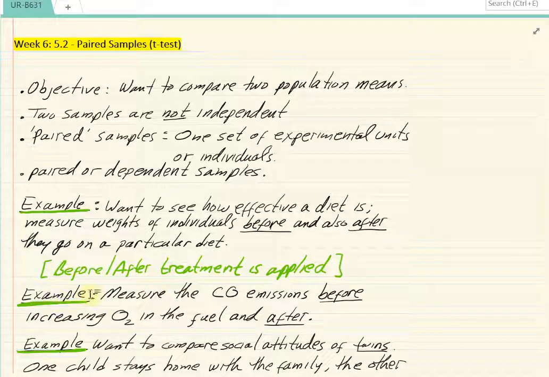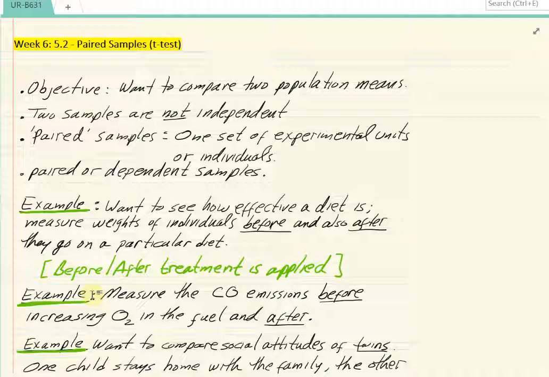Let's say we want to measure the carbon monoxide emissions before increasing the oxygen in the fuel tank and after doing so. So in other words, before, we're not going to add any oxygen in the fuel tank, but then afterwards we're going to actually increase it. So there is some oxygen in the fuel tank, it's just we're going to increase it afterwards by a certain amount. And then measure the carbon monoxide emissions.